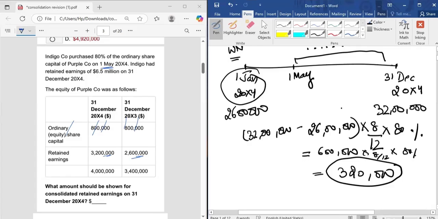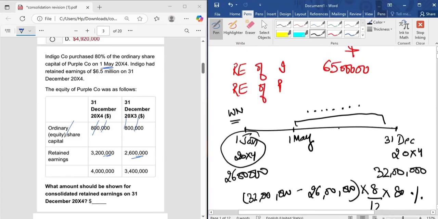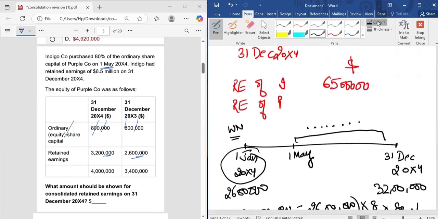Now let us put it in our formula. Here I'll write 3,20,000. Add both these figures, so my answer would be 68,20,000.